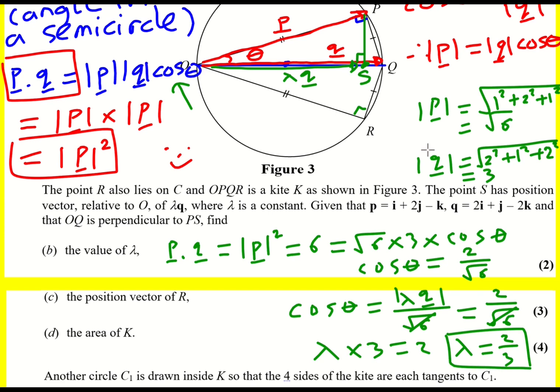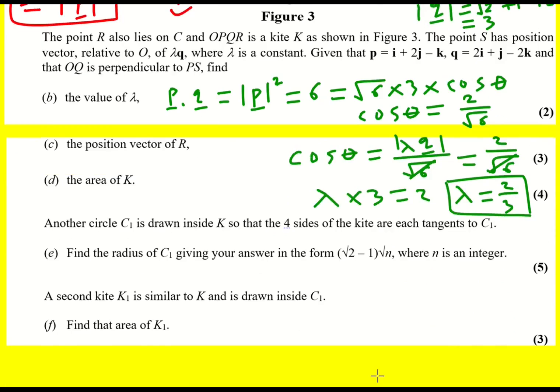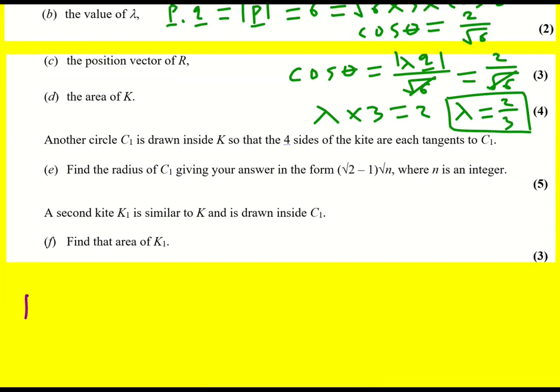Just before we move on, I want to show you another method that you could use to get this value for lambda, and that is using the fact that PS is perpendicular to OS, or even OQ. So this is method 2.